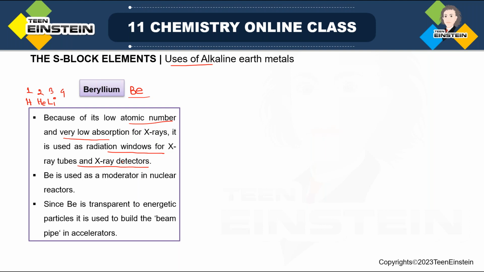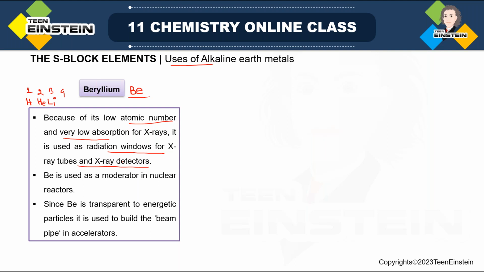So when we are using X-rays for some other purpose, beryllium is used for the X-ray tube and windows. The X-ray tube and windows are what the X-rays will pass through, and if the material interacts with the X-rays, then our purpose will not be served.